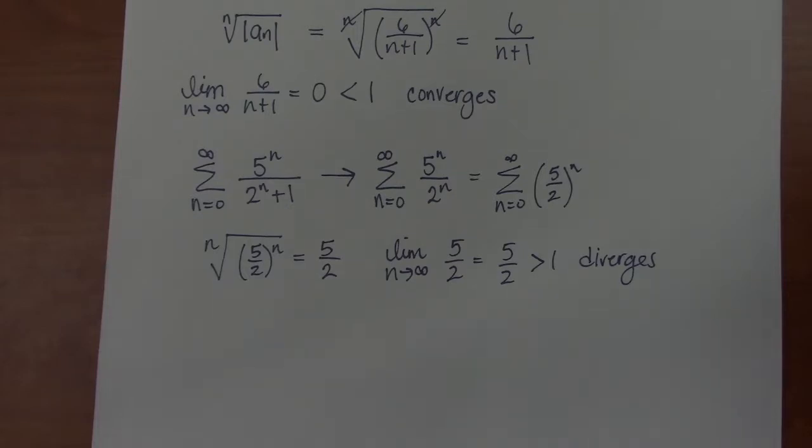Now, if I really wanted to do this in another way, I could say, if you want to prove something diverges by direct comparison, you have to find something smaller than that series that diverges. And if you want to find something smaller, you need to make the denominator bigger.